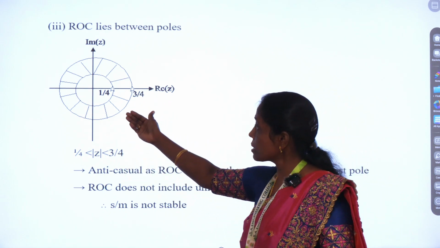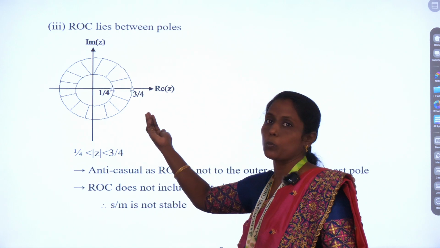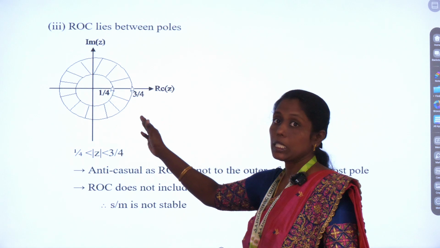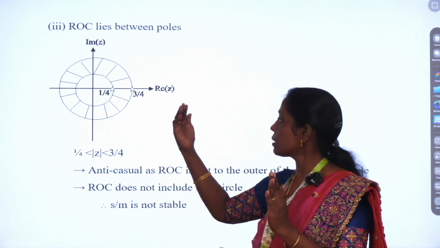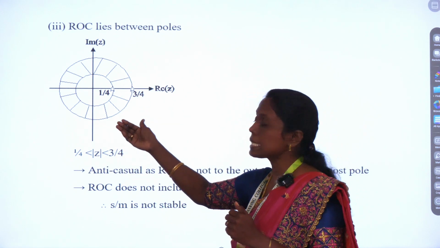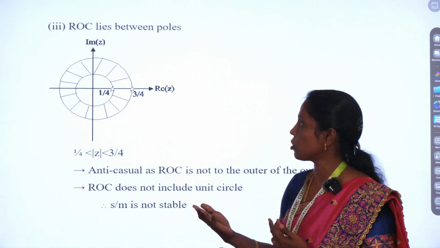Causality means the ROC should be lying out of the outermost pole. Is it? Obviously no. It is in between the 1 by 4 pole and the 3 by 4 pole. So this causality condition is not satisfied here, and the system is an anti-causal one.